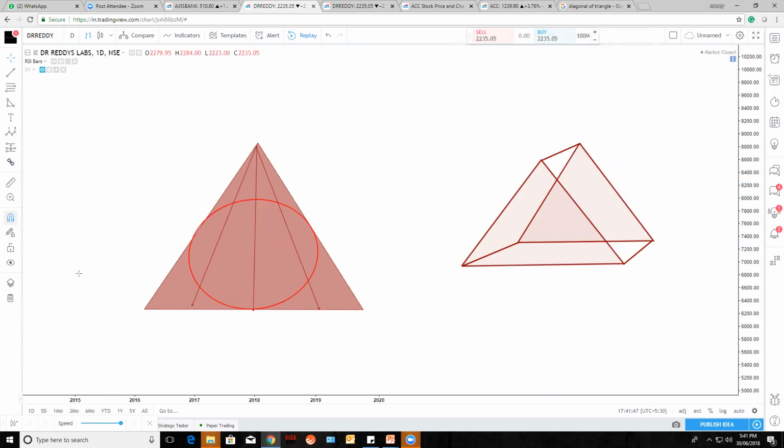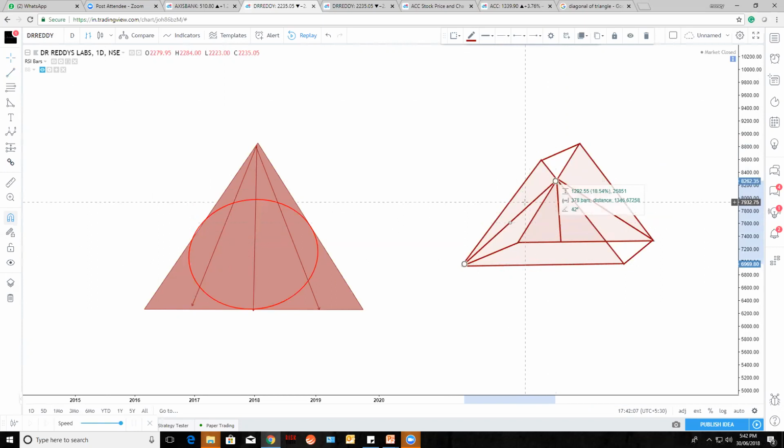Let's say it's a 3D dimension. Any cut in that, any cut means any piece of this, it will be one diagonal. This is a diagonal, this will be a diagonal, or any piece will turn into a diagonal.